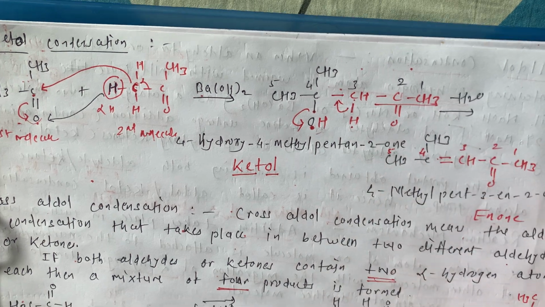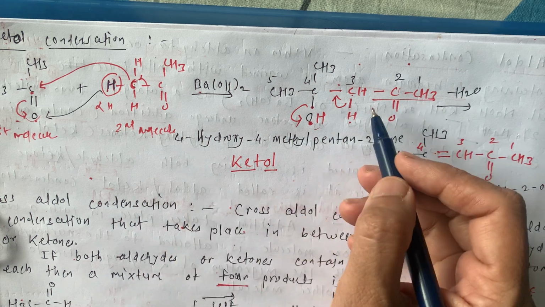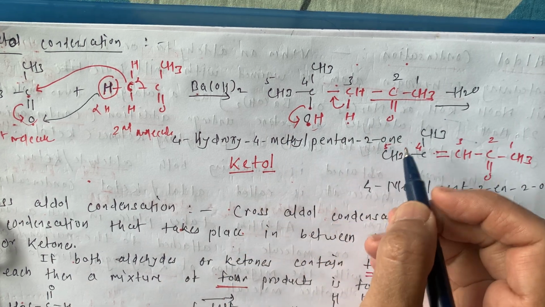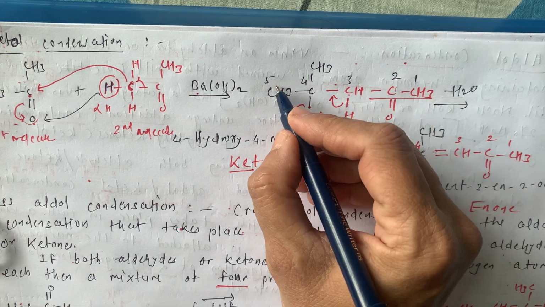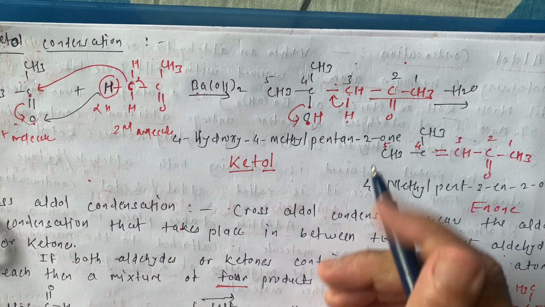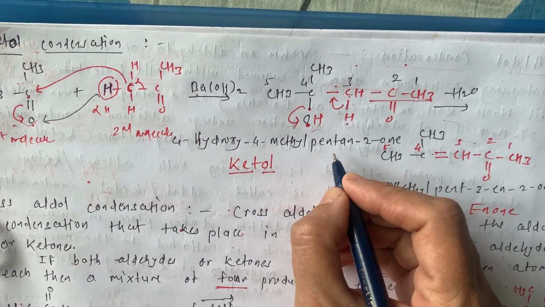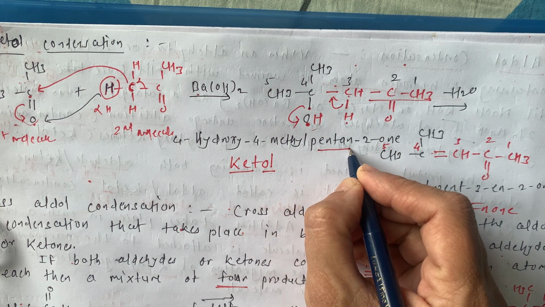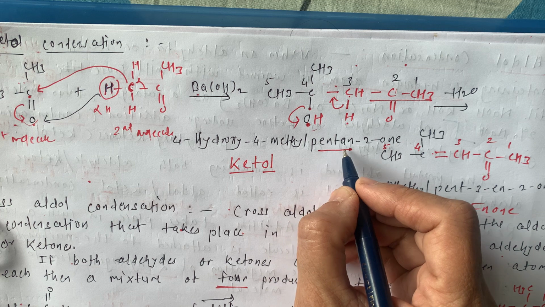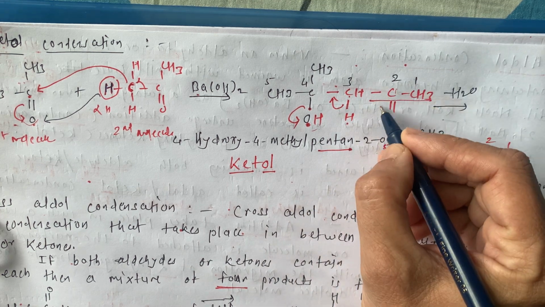So now what is this compound? In the previous case, there was the derivative of butane. Now here, 1, 2, 3, 4, 5, so total carbons are 5. So this is the derivative of pentane. In the naming scheme, it is pentane, where the E is replaced by this ketonic functional group.